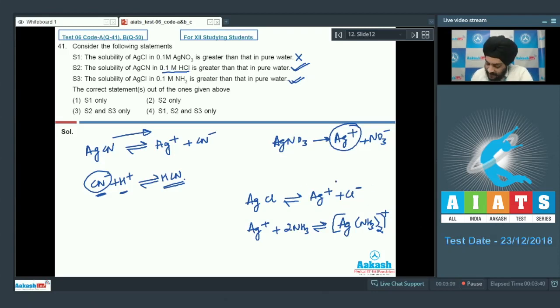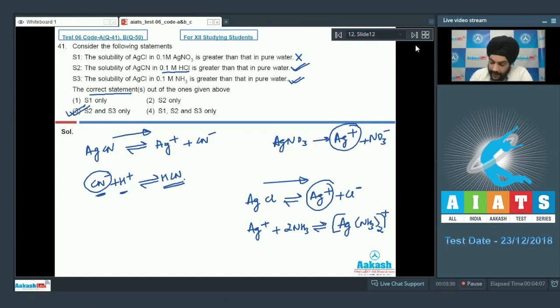Again we can see that the product formed in the first reaction is getting consumed in the second reaction. So this will also lead to the first equilibrium shifting in the forward direction. So S2 and S3 are correct while S1 is incorrect. In the question, the examiner seems to be interested in the correct statements. So students, we have to mark option 3 as the correct answer to this question.